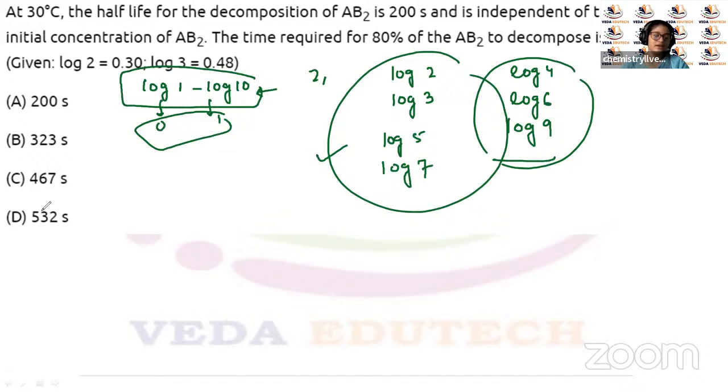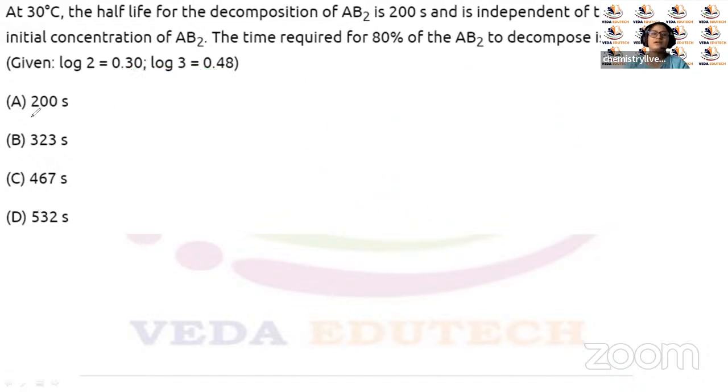Okay, let us discuss what is being given here. Now it is talking about the half-life. First we will discuss what half-life is. Suppose you are having a reactant A. You are taking 10 grams of this reactant.